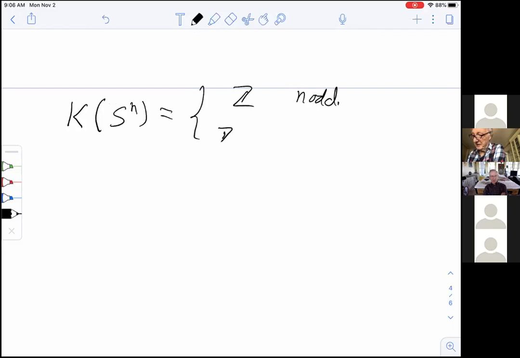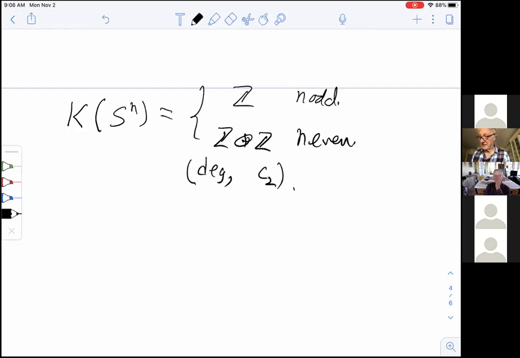And for even spheres, you get the degree and the Chern class divided by the sort of minimal Chern class you can get. Okay.